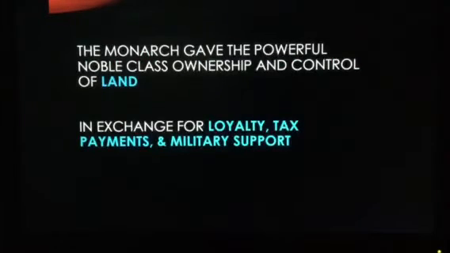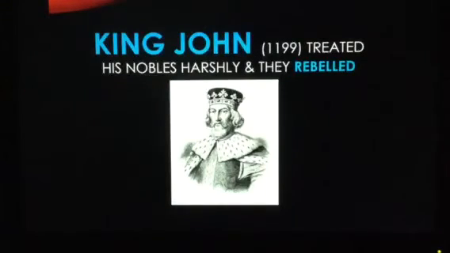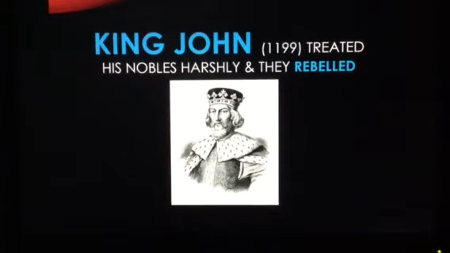The monarch gave the powerful noble class land ownership. In exchange from the nobles, the monarch received loyalty, tax payments, and military support. King John, in 1199, treated his nobles harshly, and they rebelled.